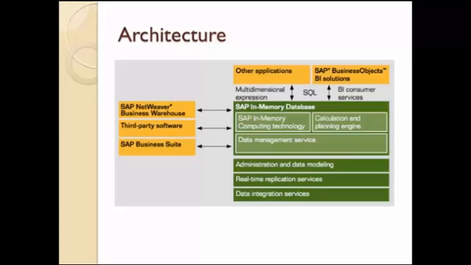As I mentioned earlier, Business Objects is basically a company that SAP acquired for their front-end tools that can be used to tap into BW as well as other SAP systems for business intelligence.